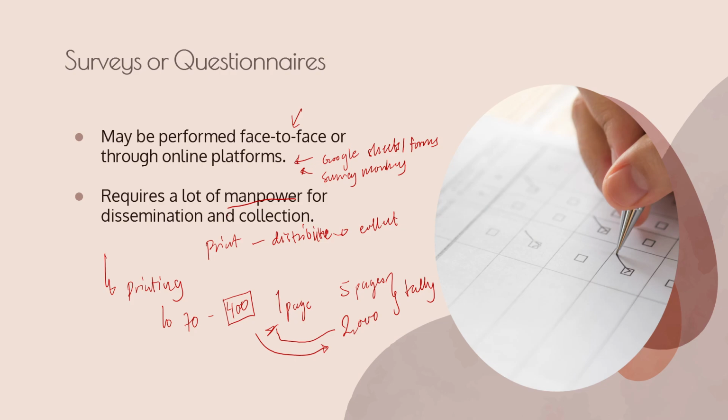So we have to make sure that our collected surveys do meet the standard requirements for our data analytics. Okay, so there are definitely a lot of challenges, but thankfully, most of these challenges have been solved by technology through online platforms like Google Forms, SurveyMonkey, and other specialized survey websites.